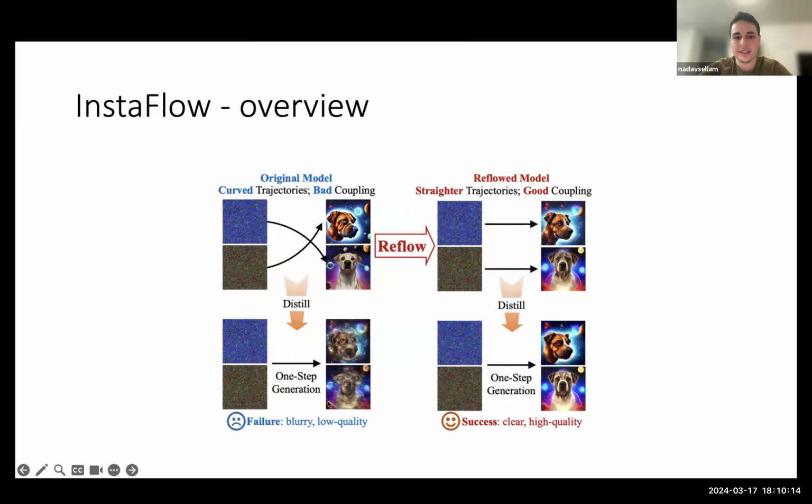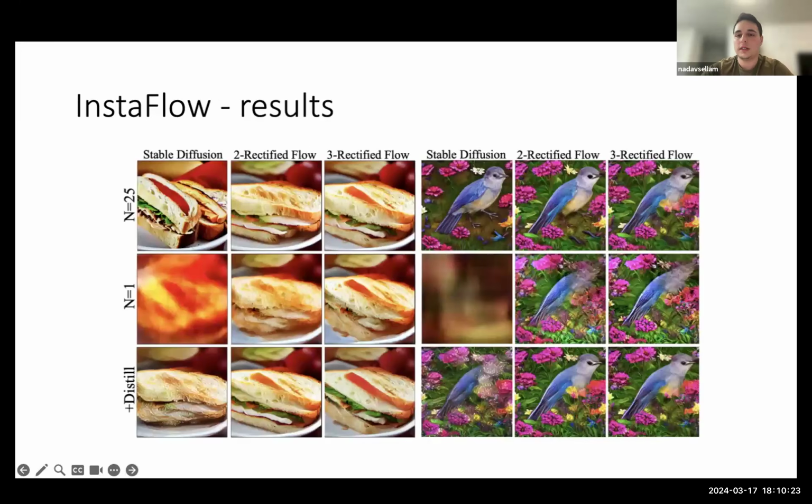If we just distill it, we get very bad one-step generation. If we reflow and straighten the paths and distill it once more, we get very good results. Here we can see stable diffusion sampled using 25 steps, and on the right, after 3 rectified flows plus the distillation model, we get very good results, but in a single step. So that's a significant improvement.